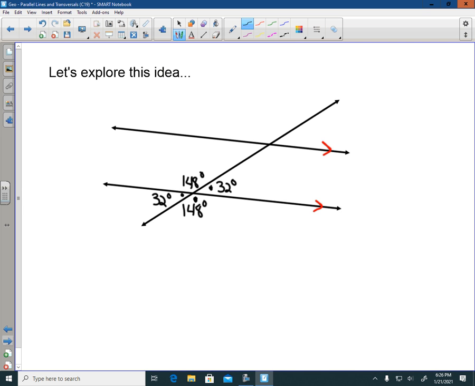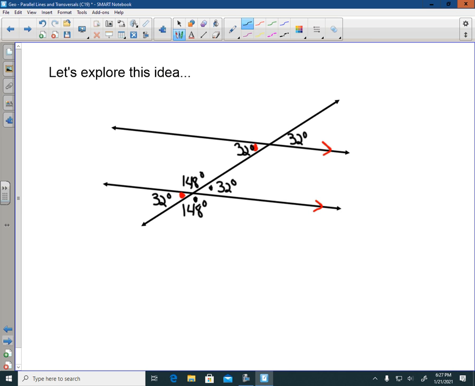Now that I know that corresponding angles are congruent, though, since this first angle that was marked 32, I'll put it in red now, and this angle here that is on the same side of a transversal and similarly arranged, sort of below the parallel lines, I know that this one's 32 degrees as well, which means I know everybody over here too, because if that one's 32, then this one's 32.